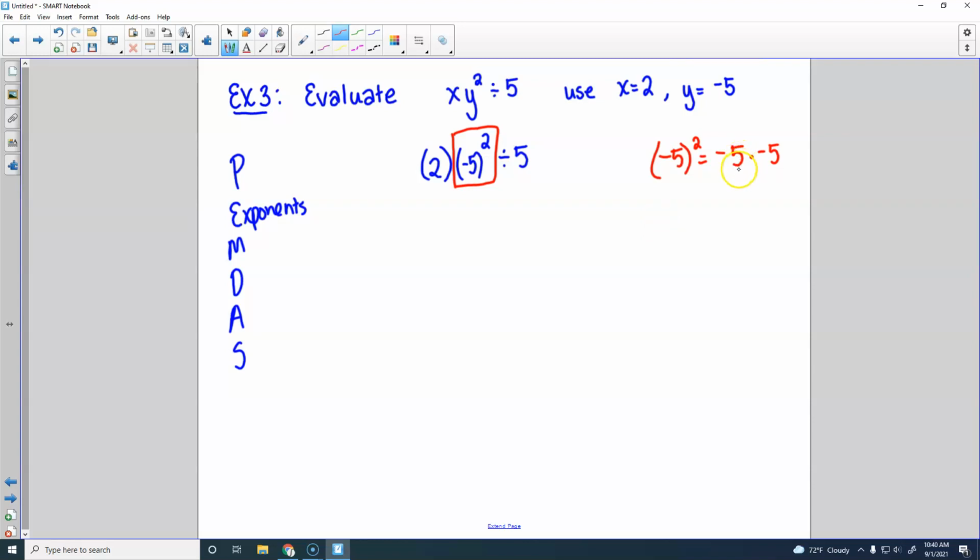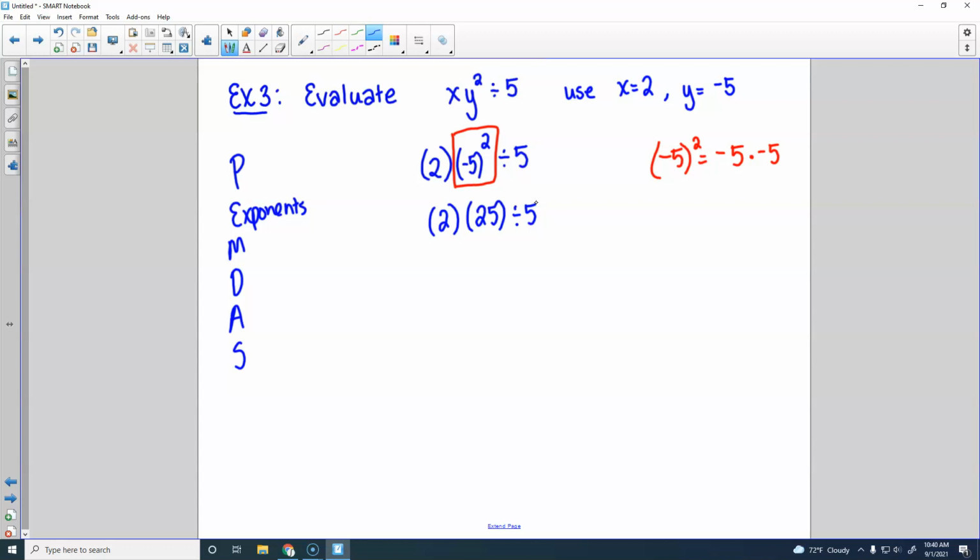But negative 5 times negative 5, negative times negative is going to be a positive 25. So I've got 2 times positive 25 divided by 5.